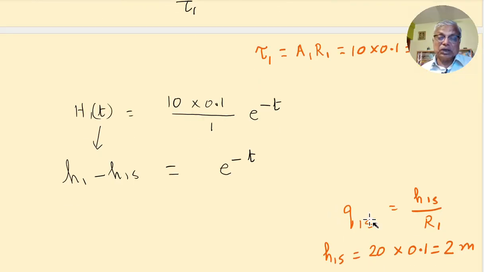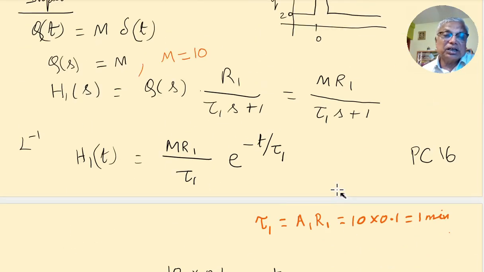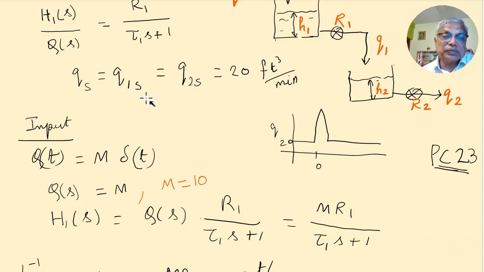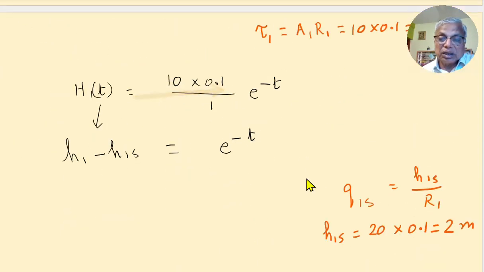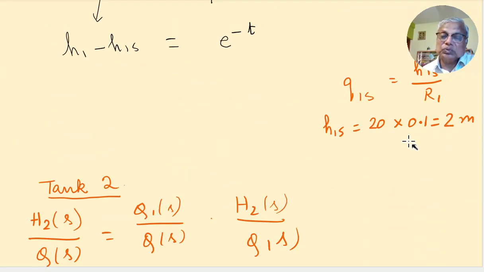So assuming the flow head relationship to be linear, Q equal to H by R. So Q1 at steady state equal to H1s by R1. From this you can calculate H1s. H1s equal to Q1s into R1. Q1s steady state value is 20, as given in the question. R1 is 0.1, so H1s is 2.